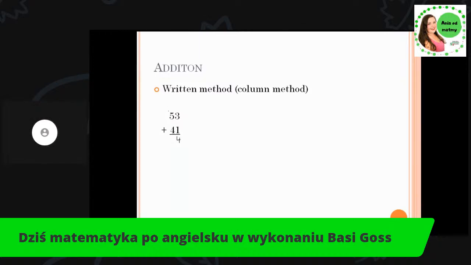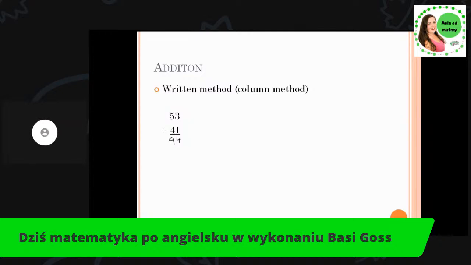And then we add the tens column, and we have 5 plus 4 equals 9. And we write it in the tens column. So the answer is 94. Did you get the same answer? Yes, I've got a few answers here. Well done. The answer is 94.